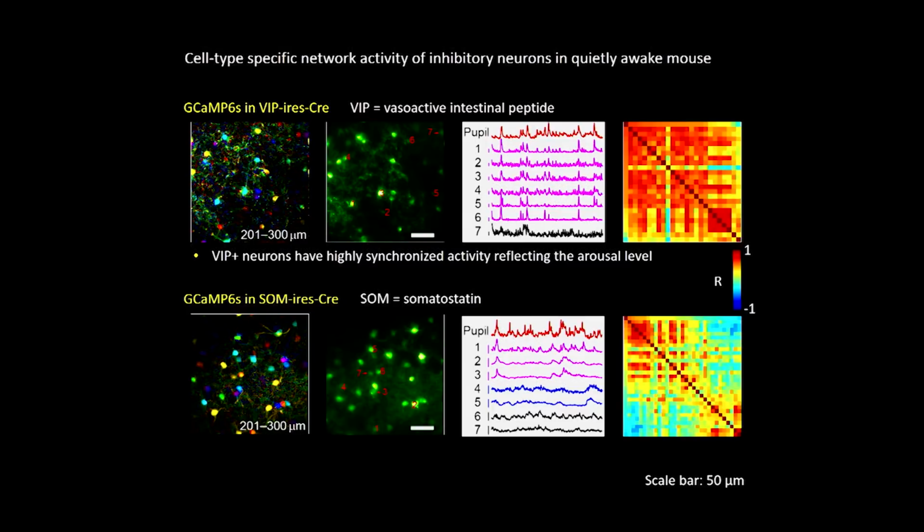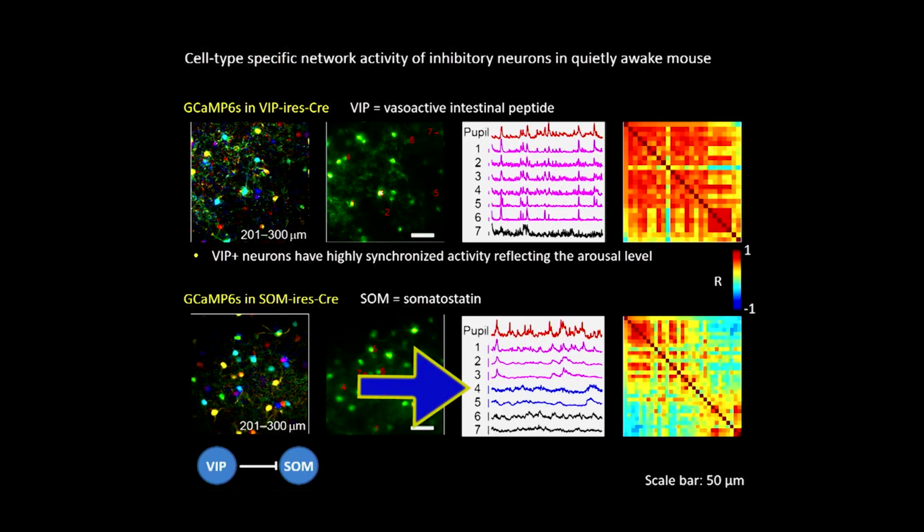Now, if you are an interneuron fan, the next cell type you will want to look at is the so-called somatostatin neuron. The reason is that the current, most dominant model is that the VIP neuron will inhibit the somatostatin neuron. If this model is correct, then you would expect the somatostatin neuron's activity to always be anti-correlated with the pupil. But that's not what we see. We do see an anti-correlated population, but we also see lots of populations that are correlated.